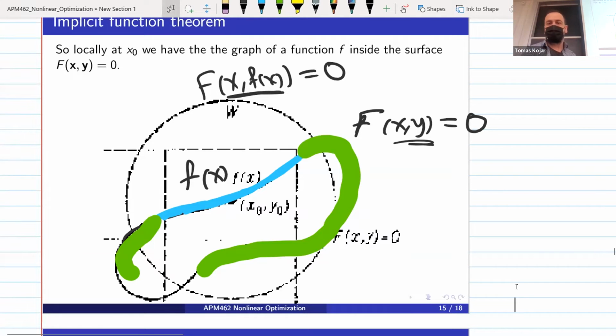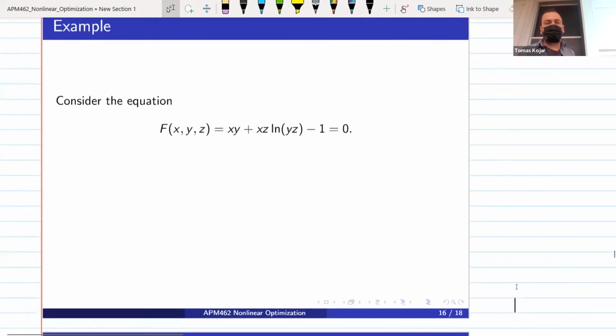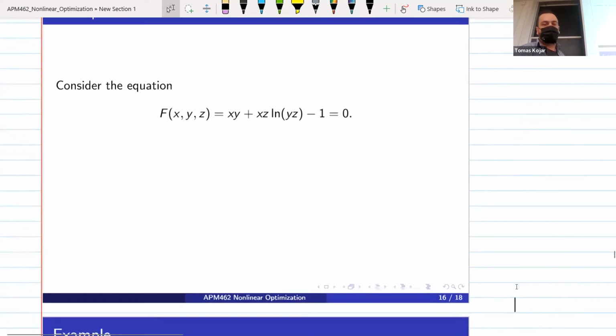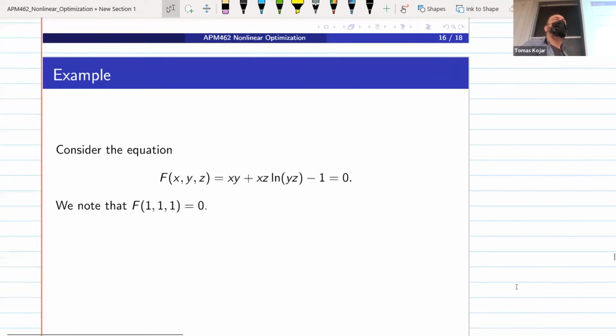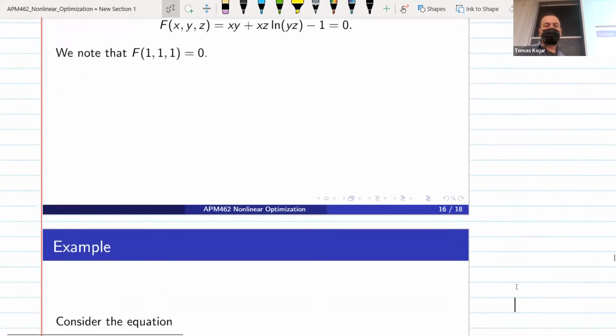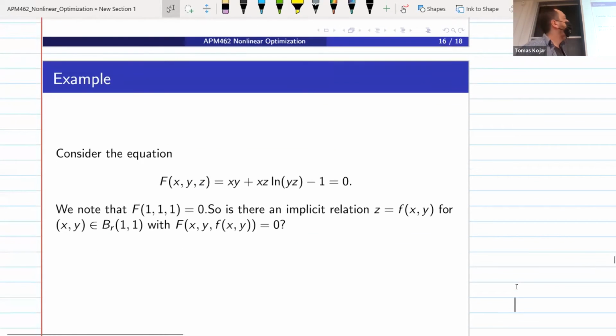All right, so let's do at least some examples. I will do 1D first. So take this equation, set it to 0, guess a solution using Newton's method. So at (1, 1, 1), we have that it's 0. Now, can you find a function f so that around (1, 1, 1), you can describe z in terms of x, y?